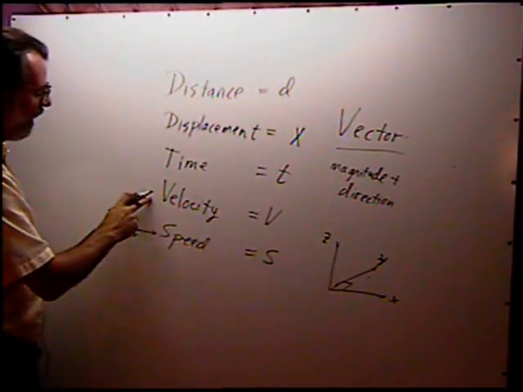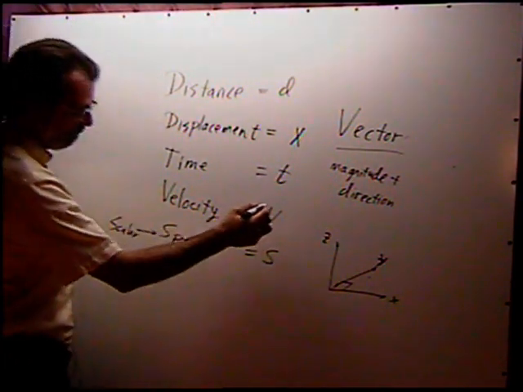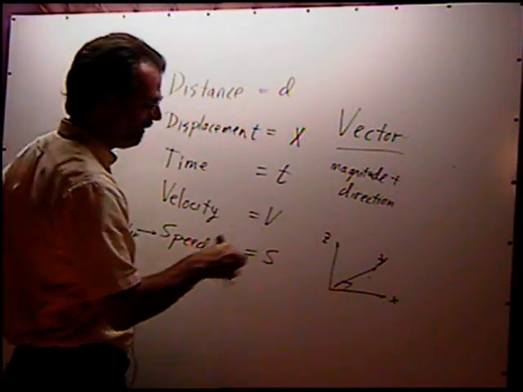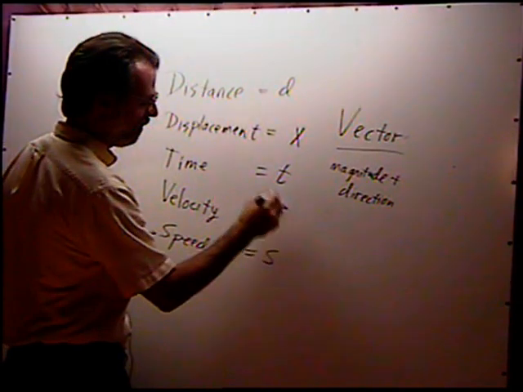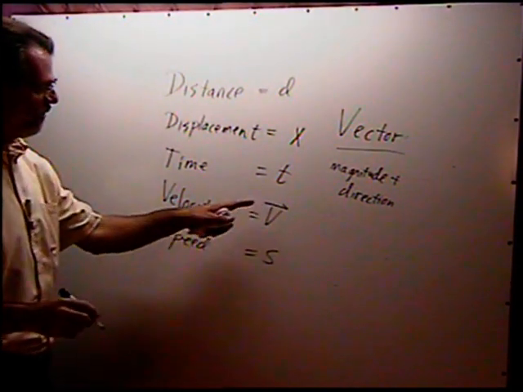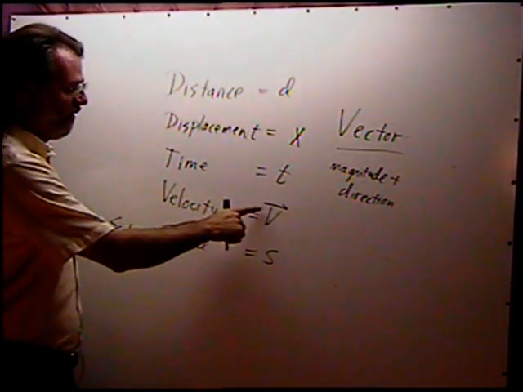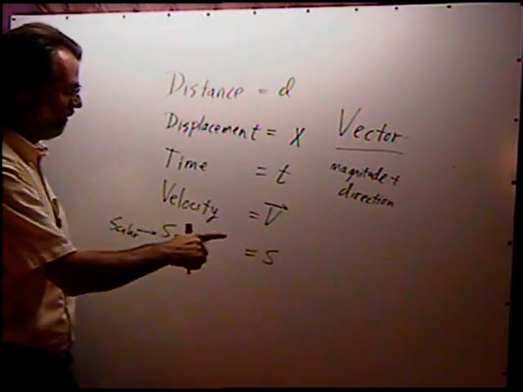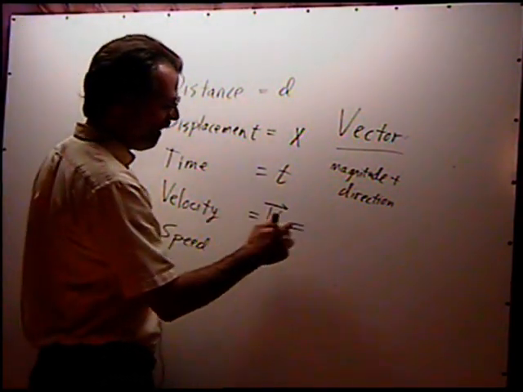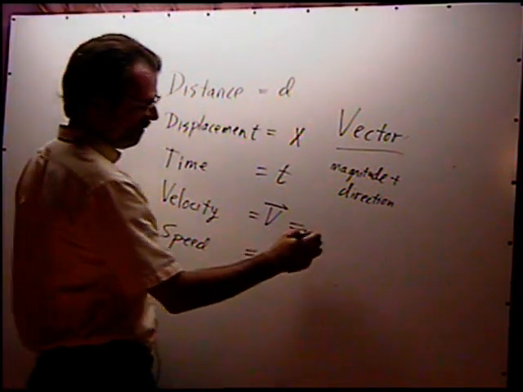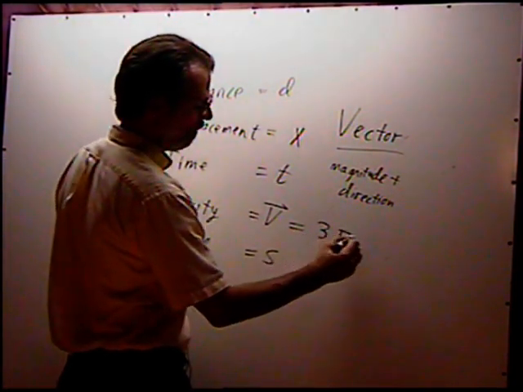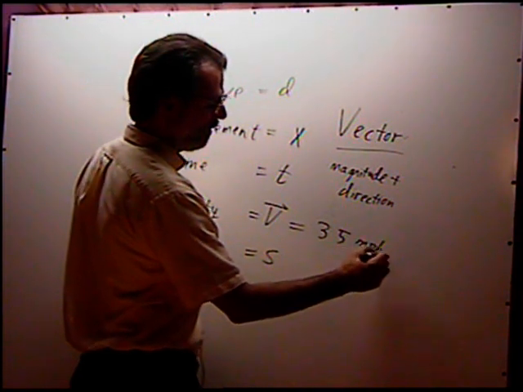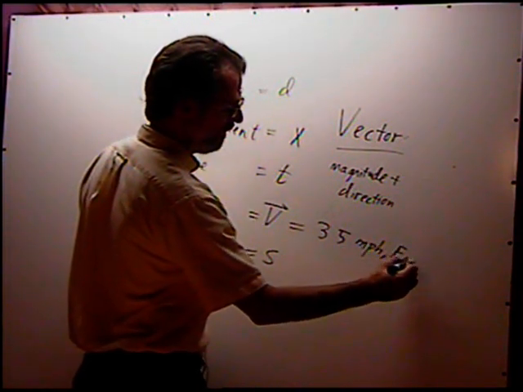For instance, velocity. Velocity is a vector, and whenever we write a vector, I'm going to put this little arrow to signify that the quantity we're talking about is a vector. A velocity vector would be in examples like 35 miles per hour going in a certain direction, let's say east.